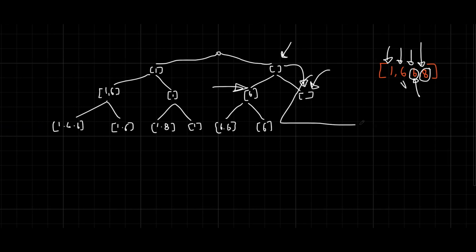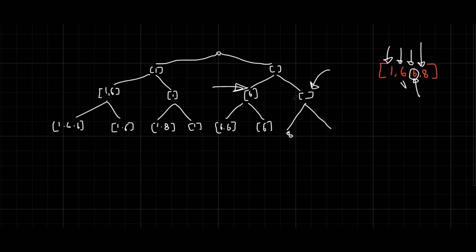So in this tree, we cannot take any other 6, because in this path, we have already ignored it. So now, as we cannot consider 6 for this empty list, we have to consider 8. For the element 8, we have also two choices. Either I can take it or I can ignore it. If I take 8 into the set, our set will contain the value of 8.